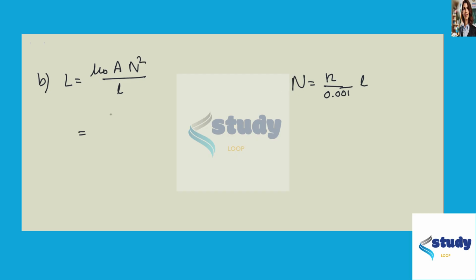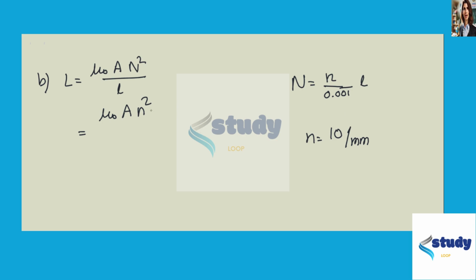So basically what we have here is mu naught A little n squared, which is 10 for our case. So this is 10 coils per millimeter. So this number n here is 10.